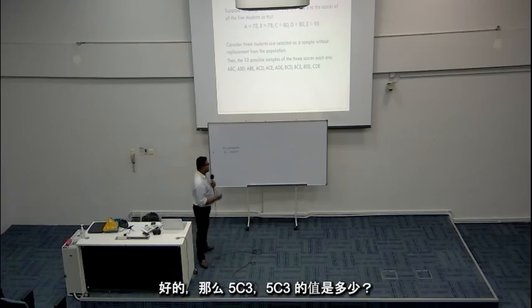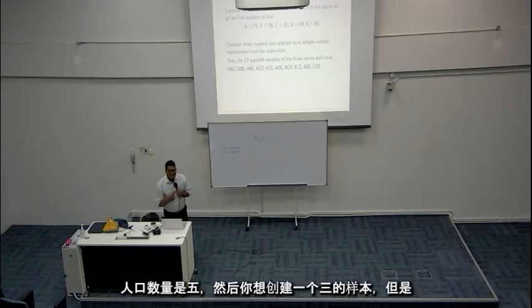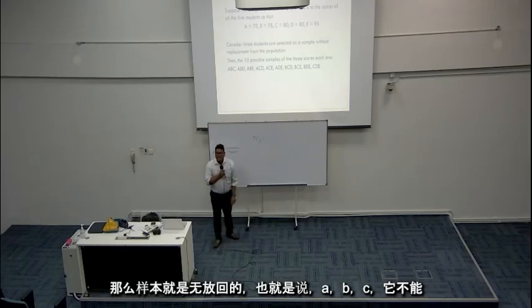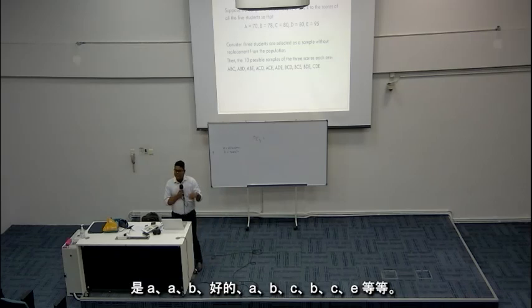Alright, so 5C3. What is the value of 5C3? The number in the population is 5, and you want to create a sample of 3. But the sample is without replacement, which means A, B, C is possible, but it cannot be A, B, B. Okay, A, B, C, B, C, E, and so on.